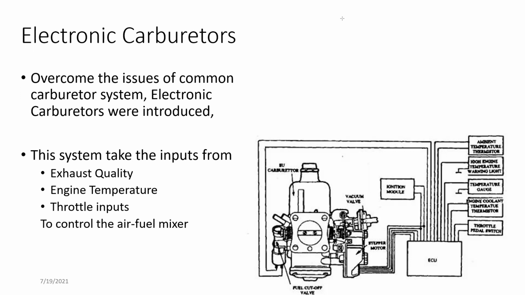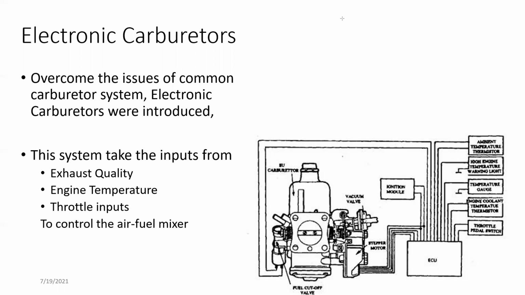So this is a very primitive setup of the electronic fuel injection system, but because of the cost parameters and, what you call, the technical limits available in those days, they had to go with this sort of arrangement.